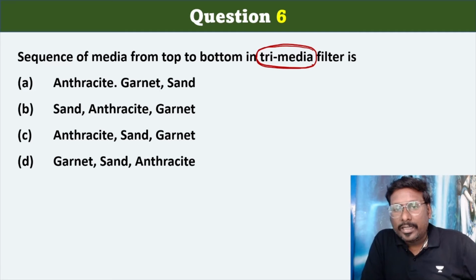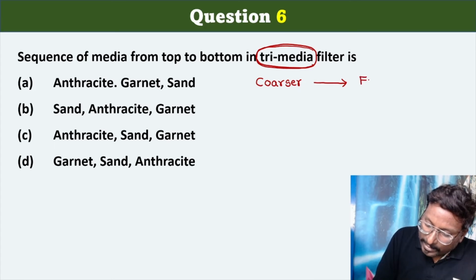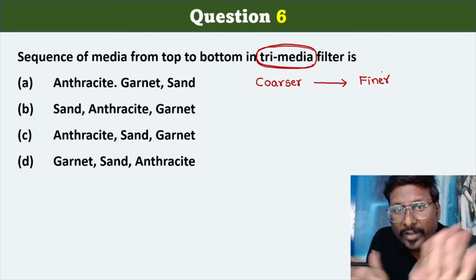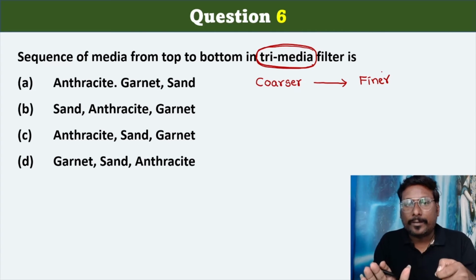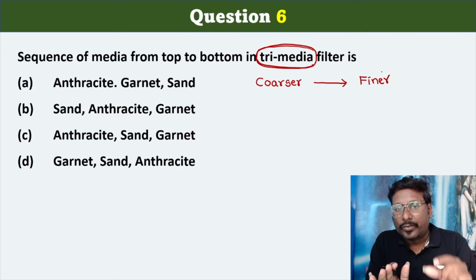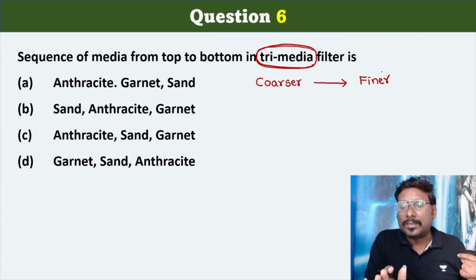Very important here, we have to arrange from coarser to finer. I repeat, not from finer to coarser, coarser to finer. Out of the 3 particles, which carry larger size, that will come first. Then intermediate size will come next. Finer size will come last.